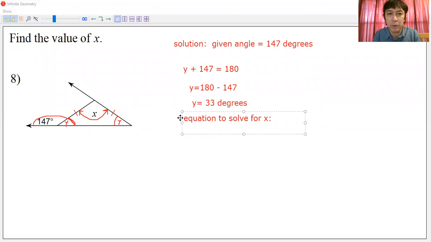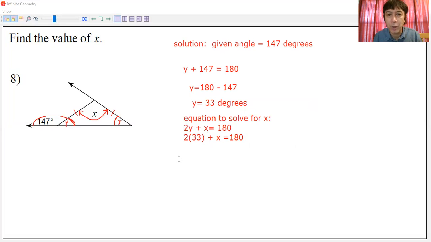So this will now be 2y plus x must be equal to 180 there. But we already know our y. So this is 2 times 33 plus x is equal to 180 there.